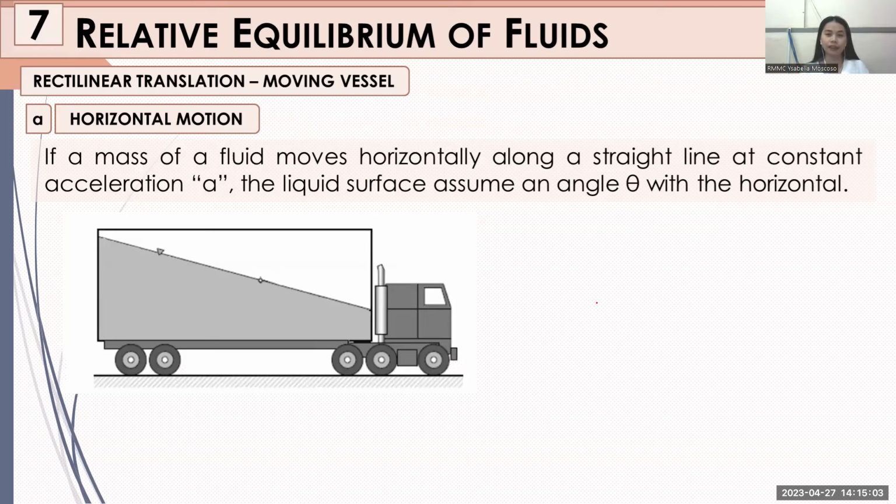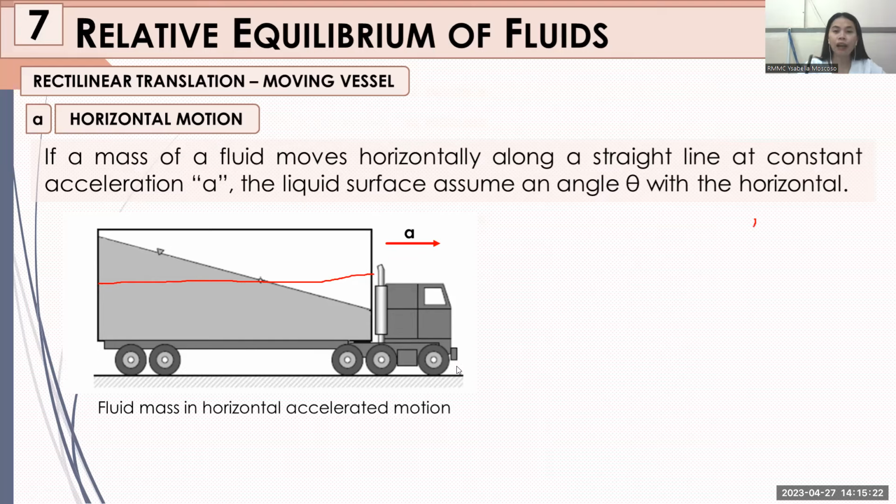So, for an instance, meron kayong truck dito. When your truck or your vessel is at rest, di ba yung fluid niyo is stable pa? Ganyan pa siya, originally, nung at rest pa yung vessel niyo. Nung in-applyan natin to ng acceleration, di ba ang mangyari is mag-move siya opposite to the direction of your acceleration.